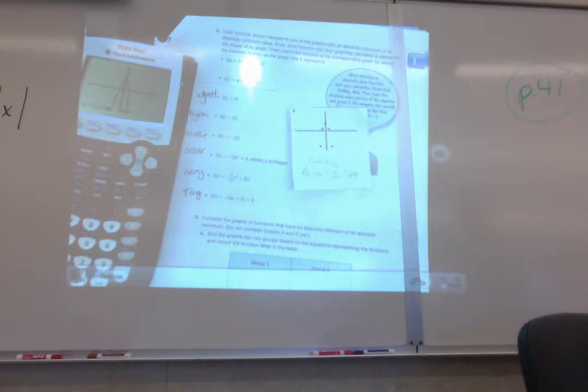Notice also that this told us this was going to be where x is an integer, and that was a clue that it was going to be dotted. All right, thank you.